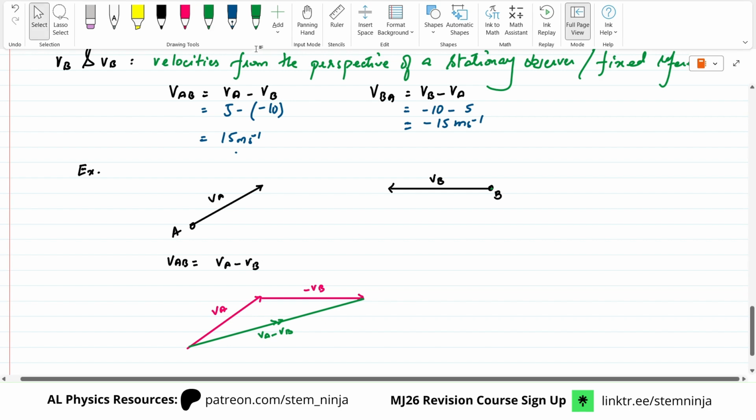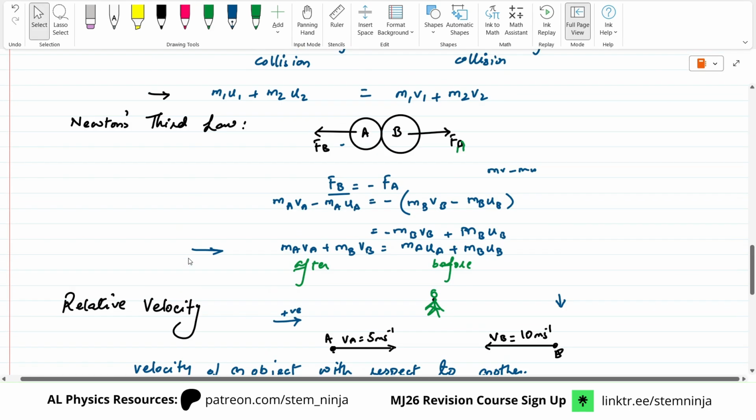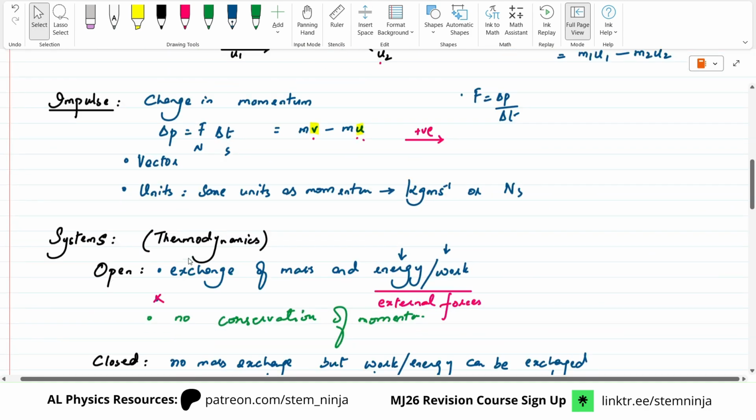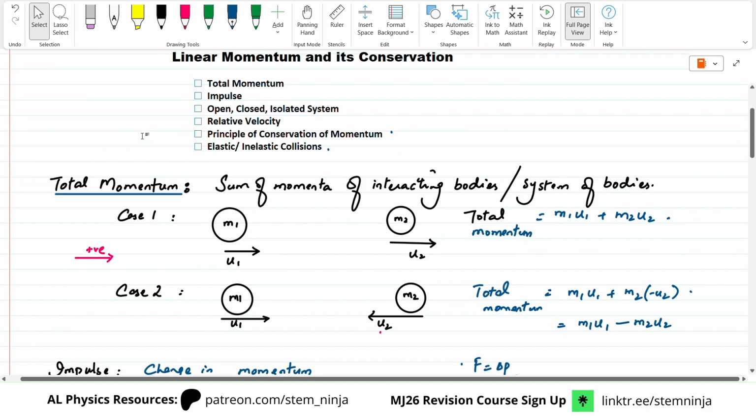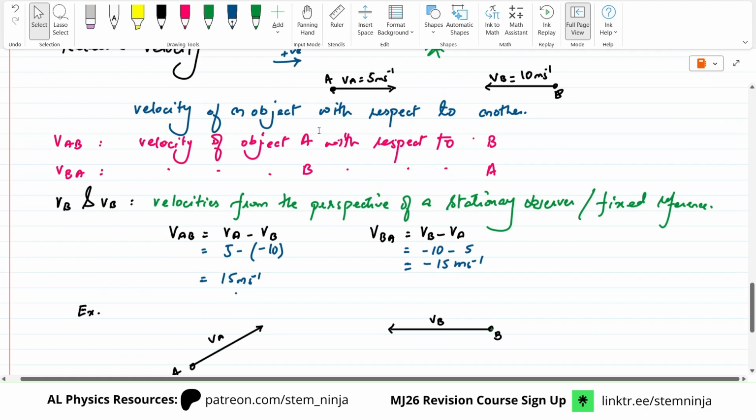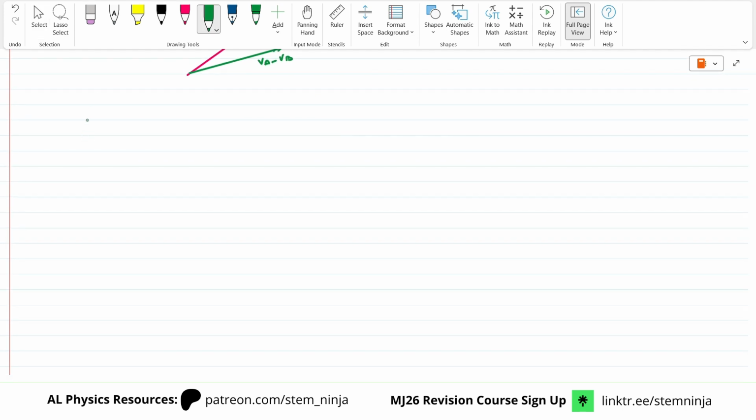Right, okay. So now I think we can go to the next thing, which is principle of conservation. Okay, we have actually already done that. Right, so let's talk about the principle of conservation of momentum in more detail. So what happens when the bodies are colliding?